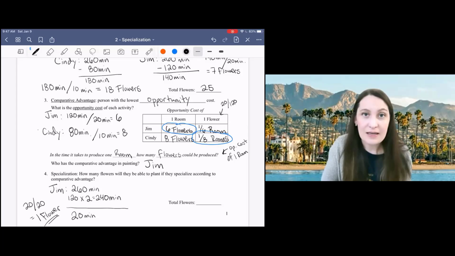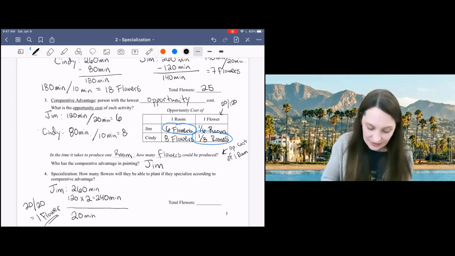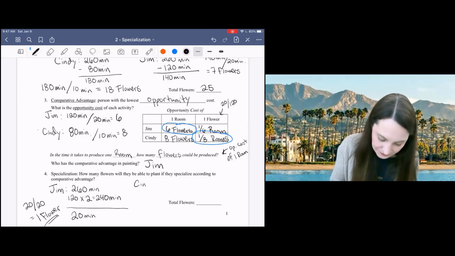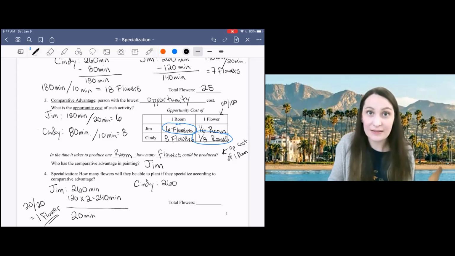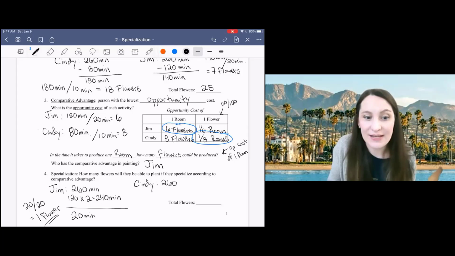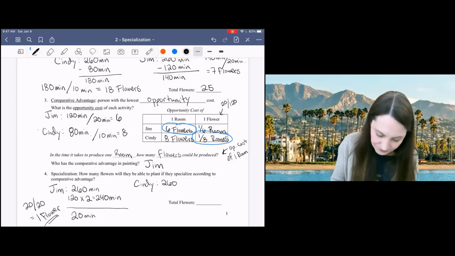The key is that when Jim focuses on painting rooms, it frees up Cindy to plant flowers, and she's comparatively better at that. So Cindy has all 260 minutes to spend planting flowers. Only flowers here.